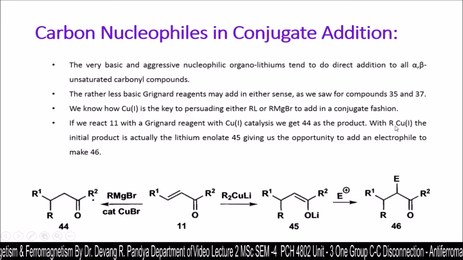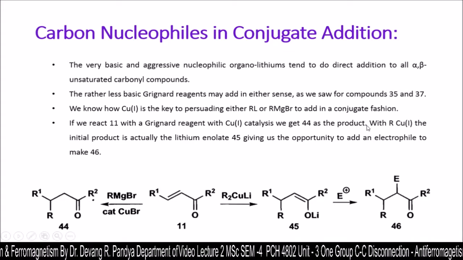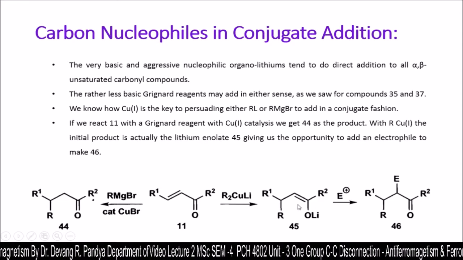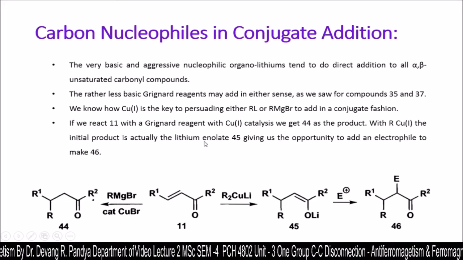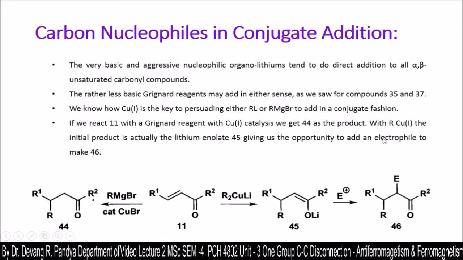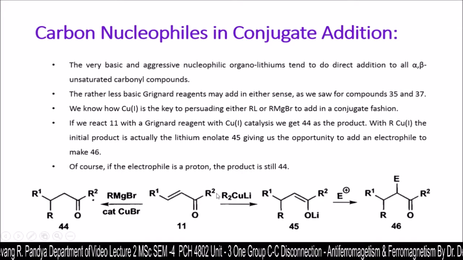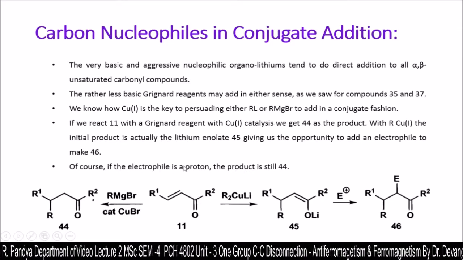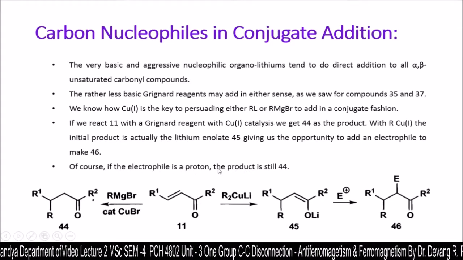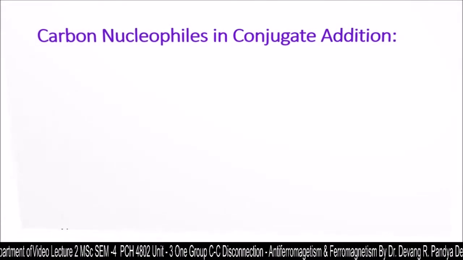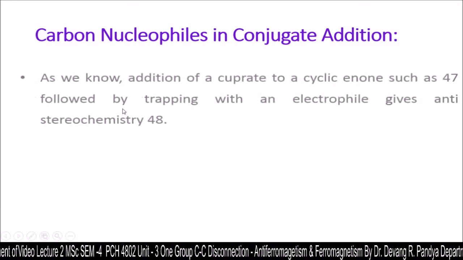With alkyl cuprate, the initial product is actually the lithium enolate, and that lithium enolate is going to be attacked by electrophiles to give structure 46. Of course, if the electrophile is a proton, the product is still going to be 44. That you need to note down.